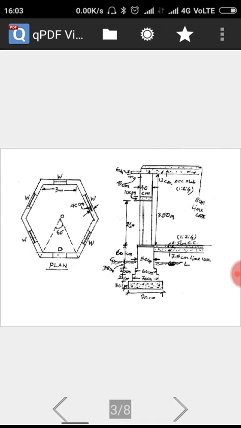This is the DPC, and it is laid at the plinth level. So this is basically the cross section at the door shown in the figure. The height of the wall is 3.50 meter.